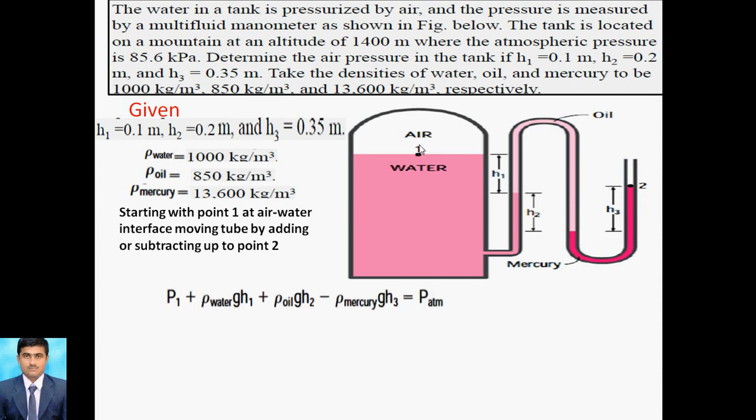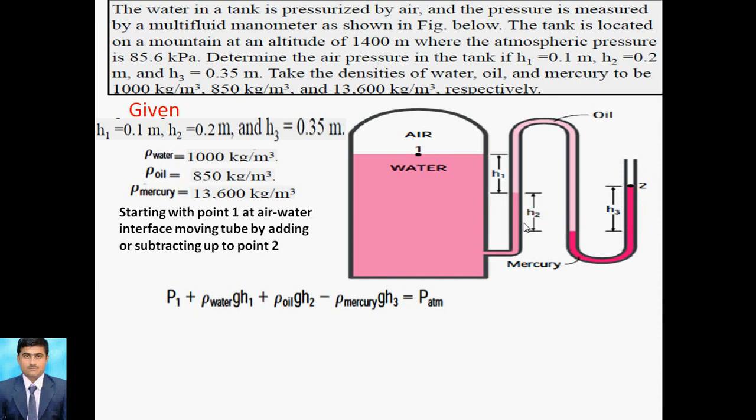So point P1 is required there, P1 plus rho water, this height, that is rho g h1, right? So rho water g into h1 plus rho oil g h2. Here oil is placed there, that's why rho oil g into h2.